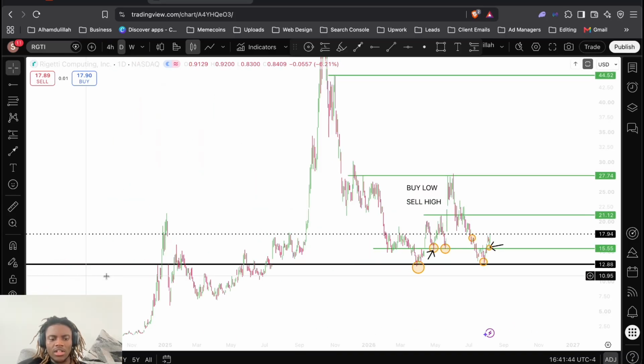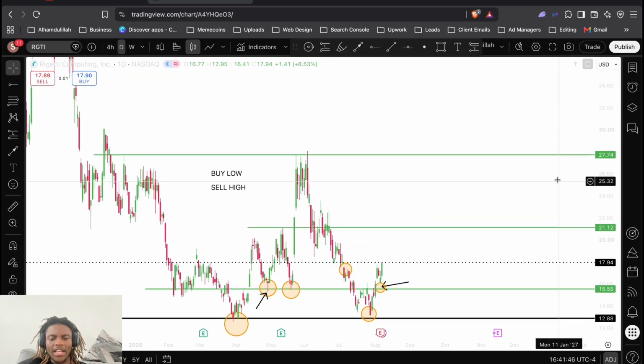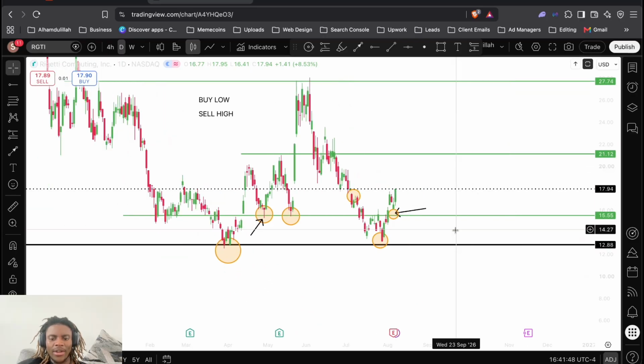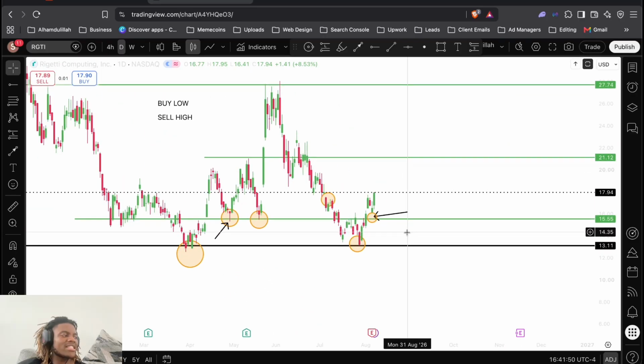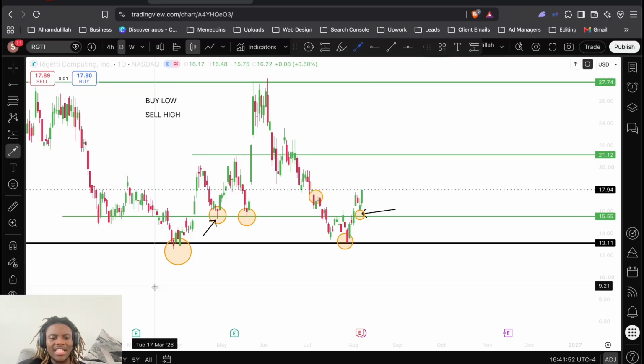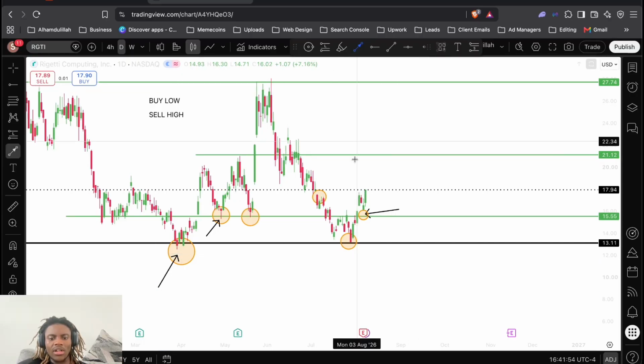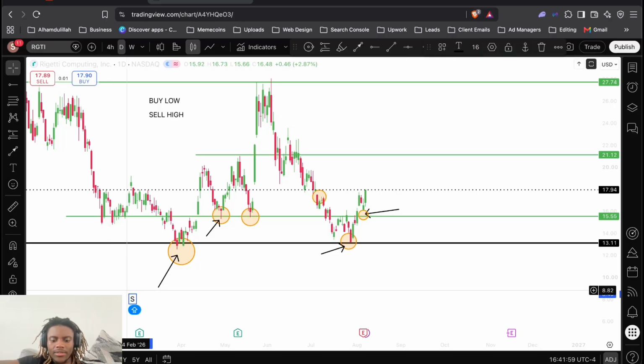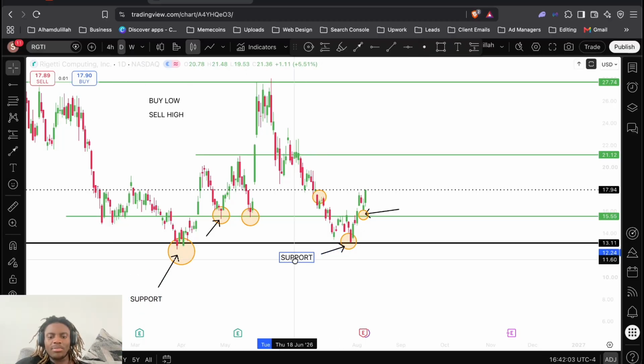We also need to understand that the market likes to bounce at specific areas, and these areas are called areas of support. Market loves to bounce at areas of support.